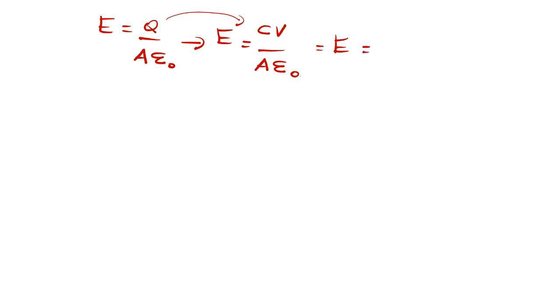So we can use C times V or Ed over A times epsilon naught.